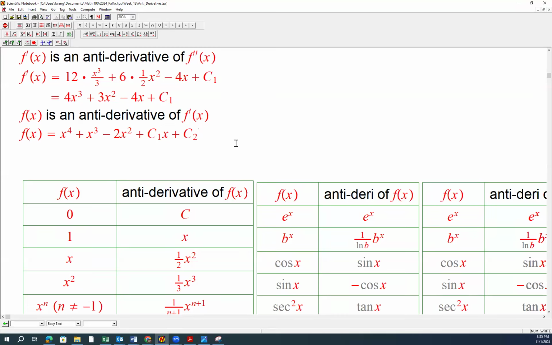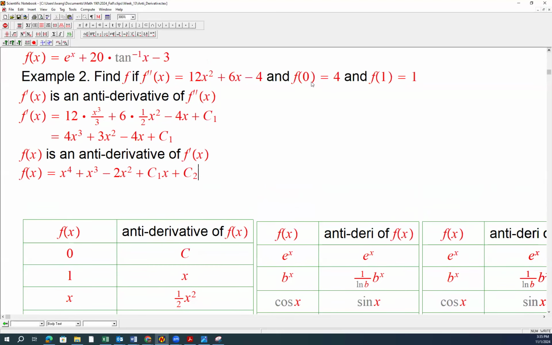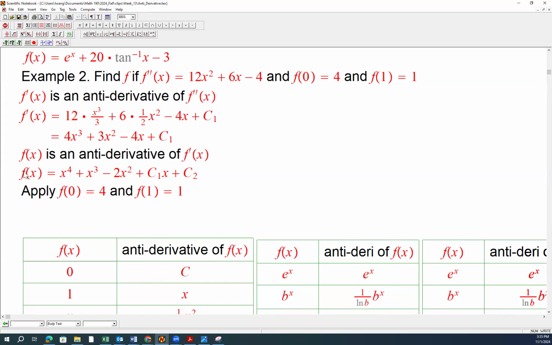So finally, we get to this point. And then we're going to apply these 2 initial conditions. Okay, apply the first condition, f of 0.